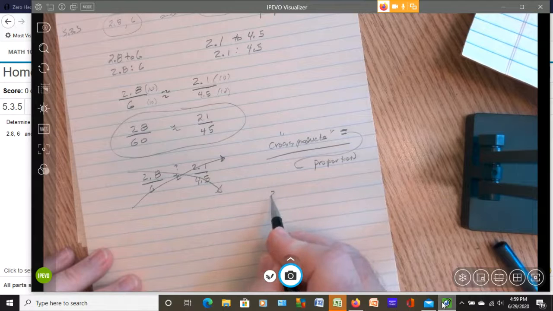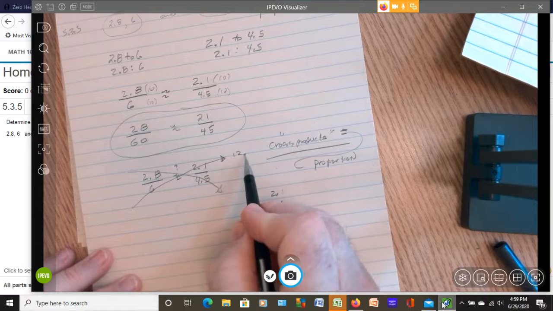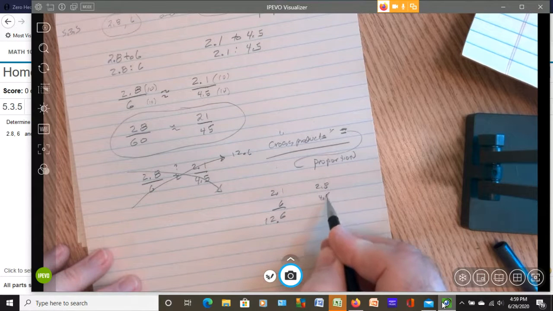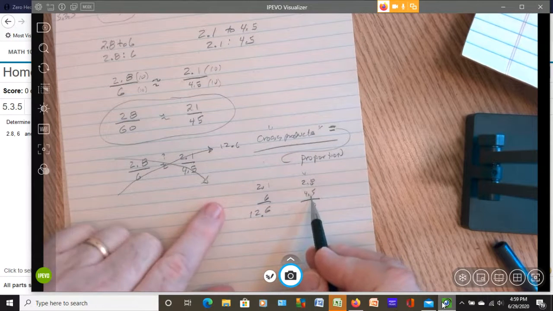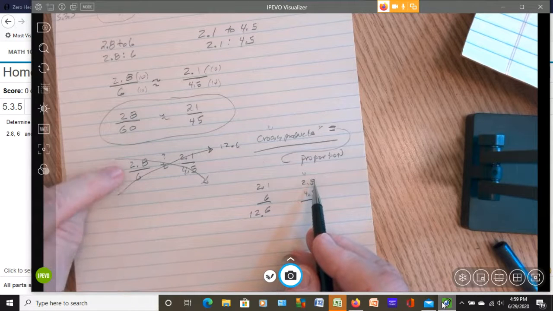All right, 6 times 2.1 is 12.6. Okay, that was easy. All right, what about 2.8 times 4.5? 5 eights are 40. Okay, and do I have this right? 2.8 to 6, 2.1 to 4.5.